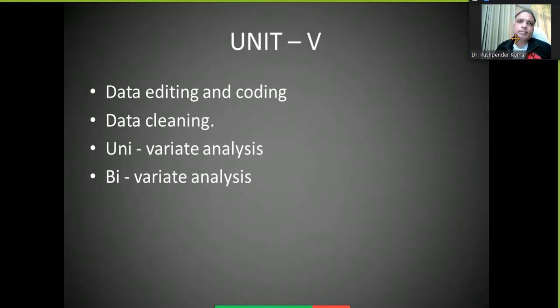Whenever you collect data, nowadays we generally collect it online through Google Forms. This is very common now because of COVID-19. Physically we are not able to visit our respondents, so we request them that we have this Google form and please fill it out.